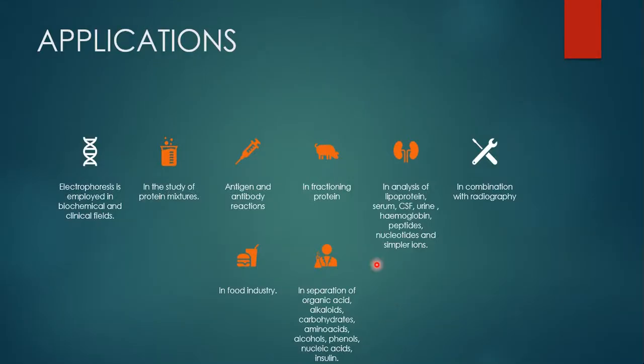Then, moving to the applications of electrophoresis. We are supposed to learn about the applications of any instrument that we are using, isn't it? So coming to the applications, electrophoresis is employed in biochemical and clinical fields, in DNA sequencing, and we can also use it in the study of protein mixtures, to find the different types of proteins present in a sample.